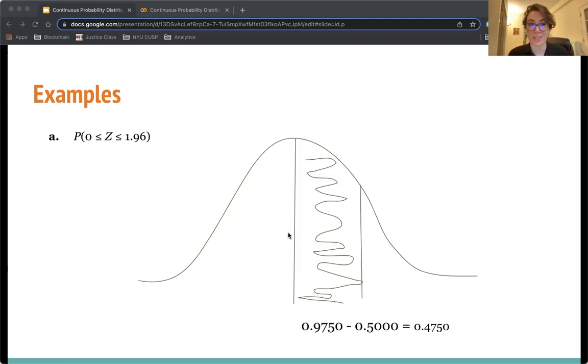That's a good way to check yourself against the picture you drew, because this area is so high and it's right in the middle where the majority of our values would be. About a 50% chance that a value would be here makes intuitive sense compared to something all the way in the tail, where it would be very unlikely to see that value.